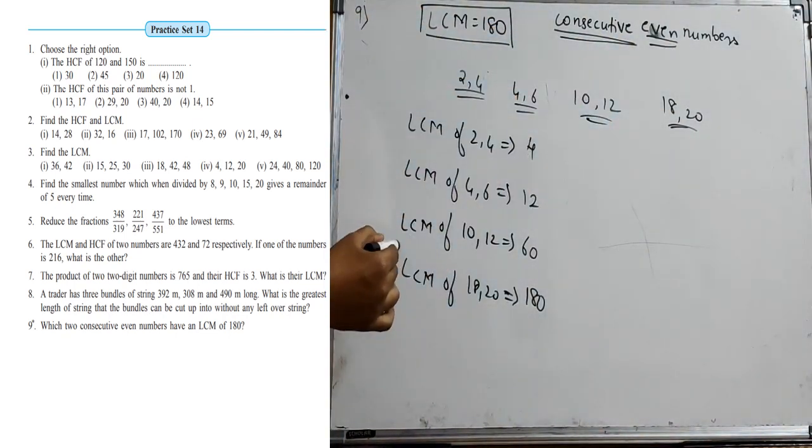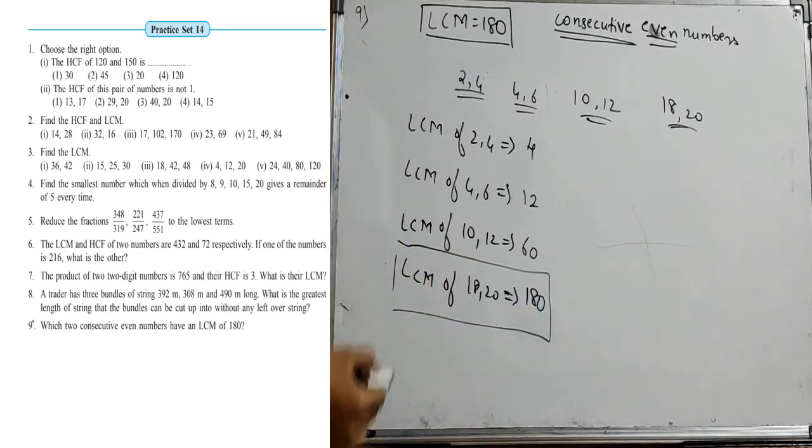So the LCM of the pair 18 and 20 is 180. So the required two consecutive even numbers whose LCM is 180 are 18 and 20.